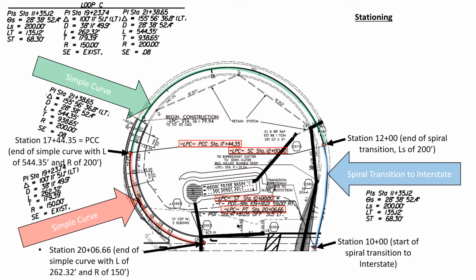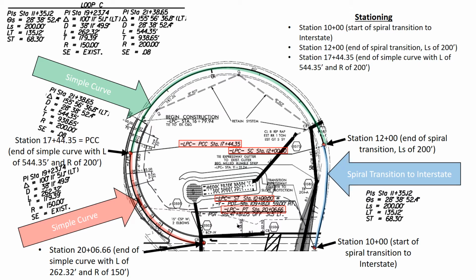And then we end with station 20 plus 06.66. And that's the end of the simple curve with a length of 262.32 feet and a radius of 150 feet. So summarizing that, station 10 is the start of the spiral, station 12 is the end of the spiral.